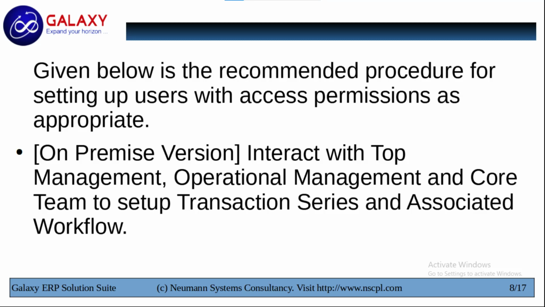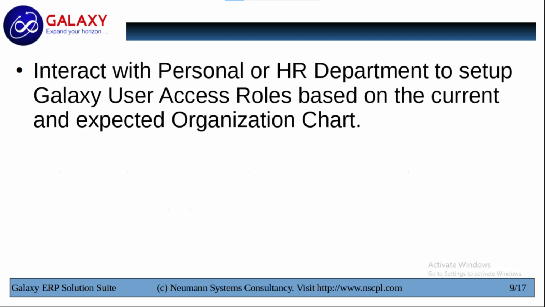On-premise version: interact with top management, operational management and the core team to set up transaction series and associated workflow. Interact with the personnel or HR department to set up Galaxy user access roles based on the current and expected organization chart.